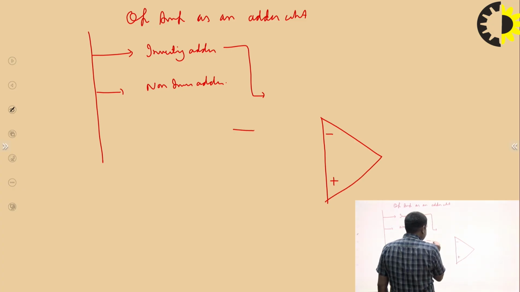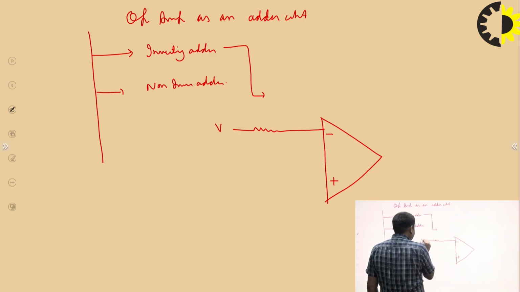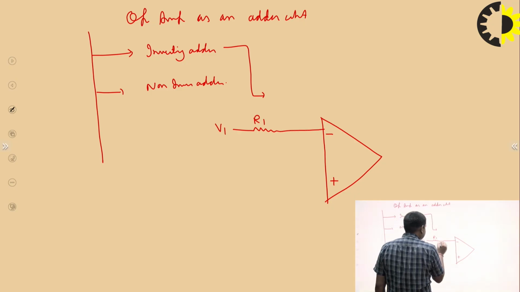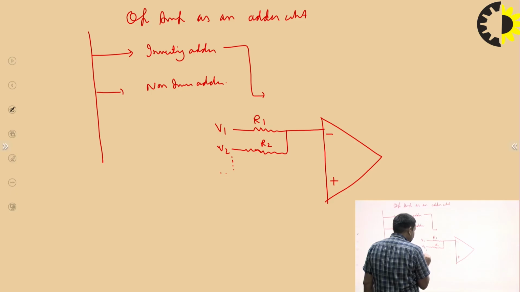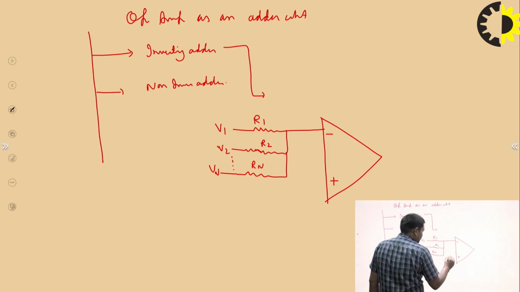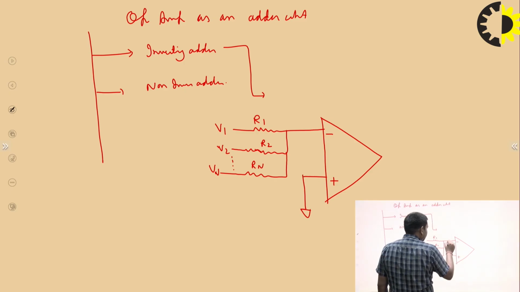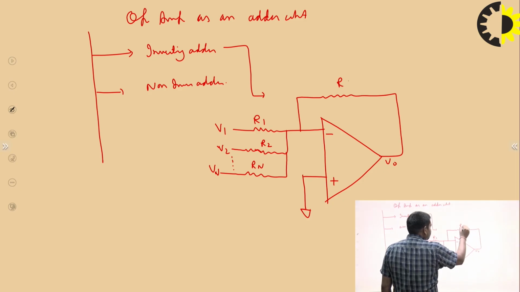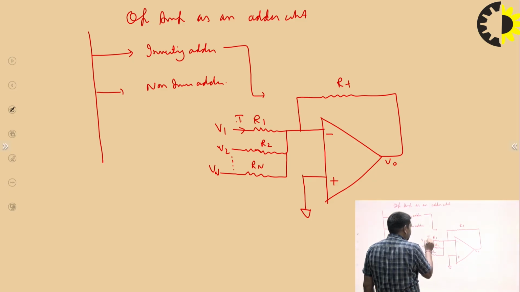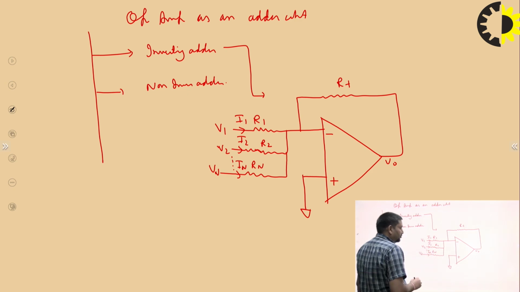In that circuit, V1 is applied through R1, another voltage V2 through R2, and so on up to Vn through Rn. This terminal is ground, and this is connected to the output terminal using the feedback resistance. Suppose the current I1 flows here, I2 flows here and IN flows here. So what is the output voltage?